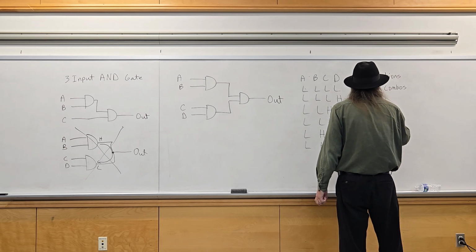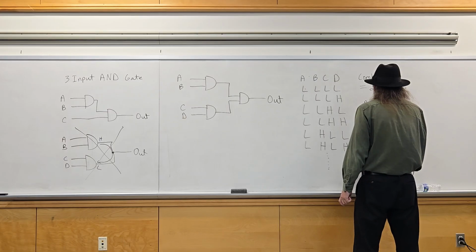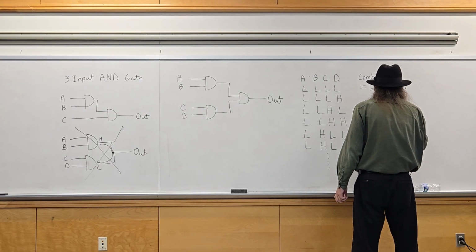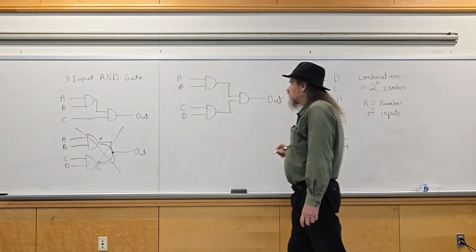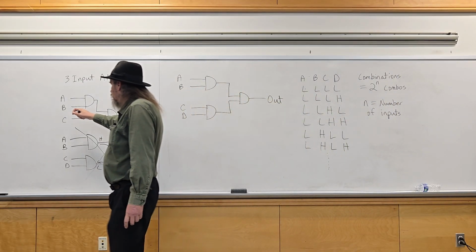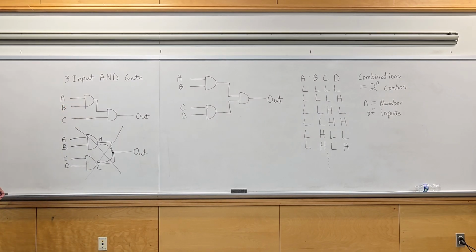N is the number of inputs. So how many possible combinations of inputs would there be for the 3-input AND gate?